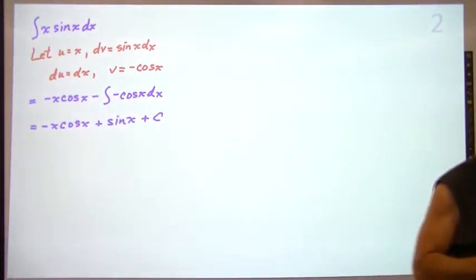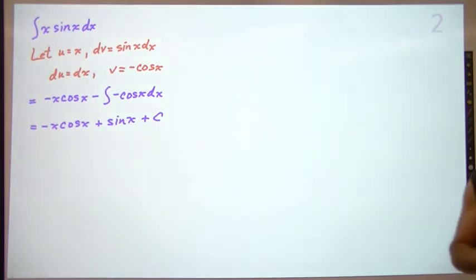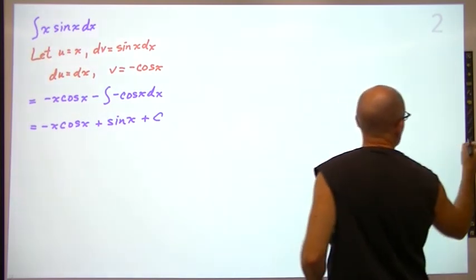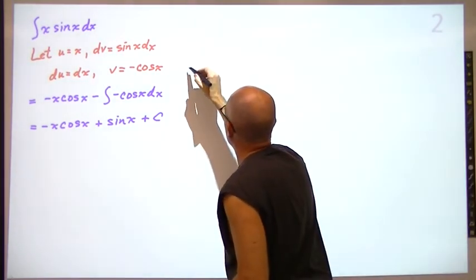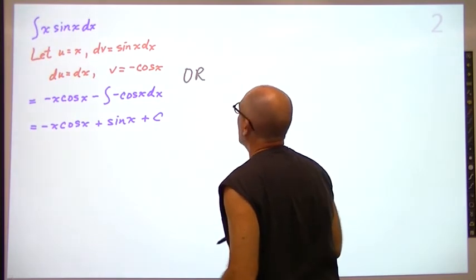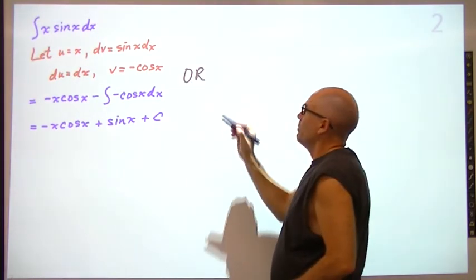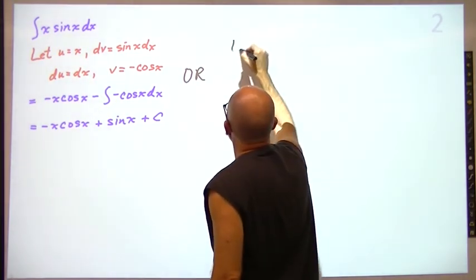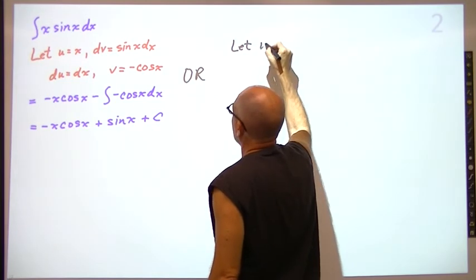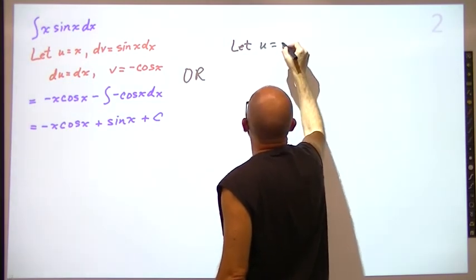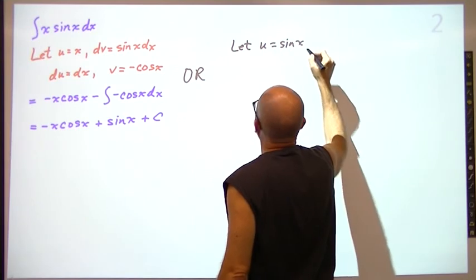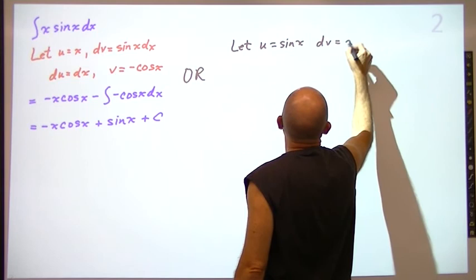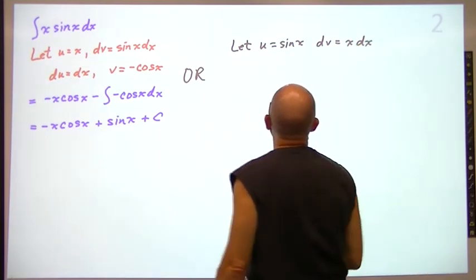Now, the other way we could have done this, instead of letting u be x and dv sine x dx, we could let u equal sine x, and then dv equal x dx.